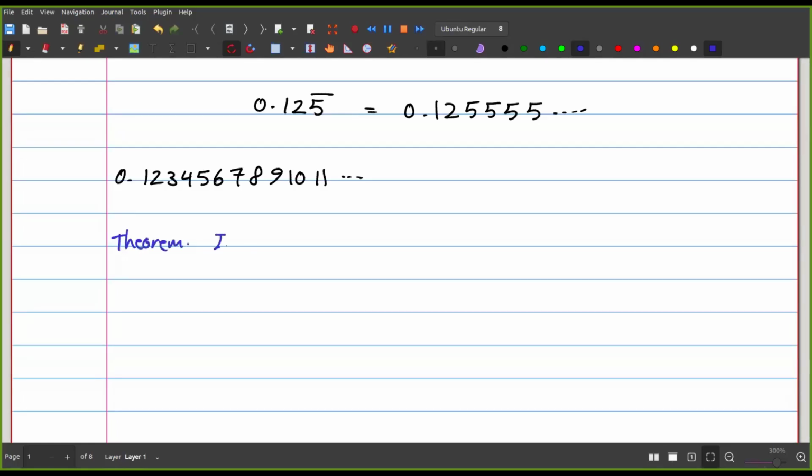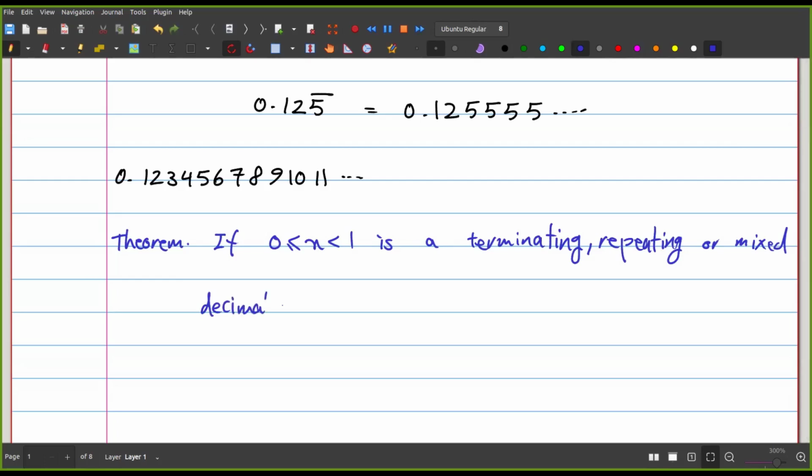I say if x, and let's say this is again between 0 and 1, can be 0, is a terminating, repeating, or mixed decimal expansion, then this x is actually a rational number.